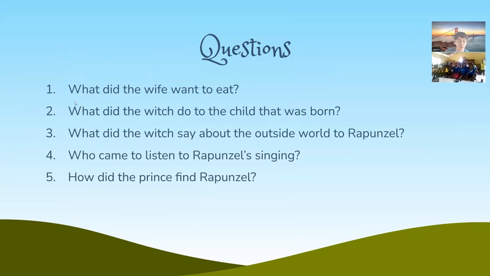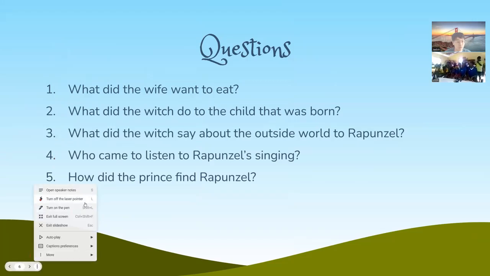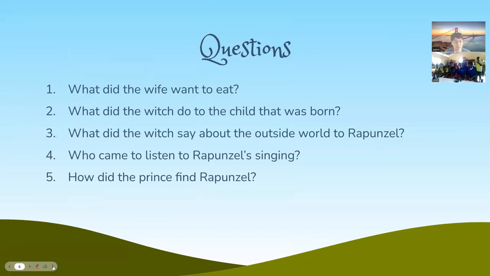So the first question is, what did the wife want to eat? Does anyone want to answer that? You are going to answer this question. She wanted to eat something really badly in the beginning.